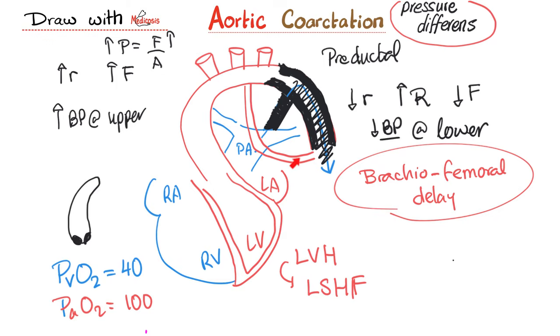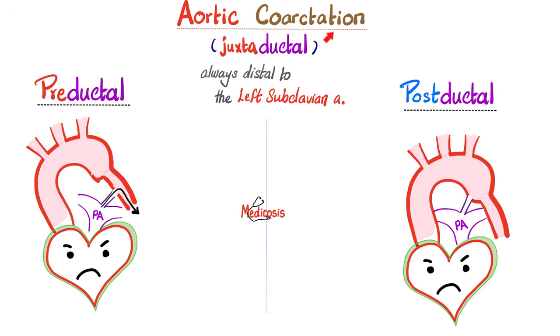This neonate can suffer from cardiogenic shock because of inadequate tissue perfusion, and sometimes cardiac failure, heart failure, which can manifest in many symptoms, but don't forget diaphoresis and poor feeding. And that's a tricky question in pediatrics because when most students read diaphoresis and poor feeding, they never think of heart disease. So aortic coarctation could be congenital most of the time or could be acquired.